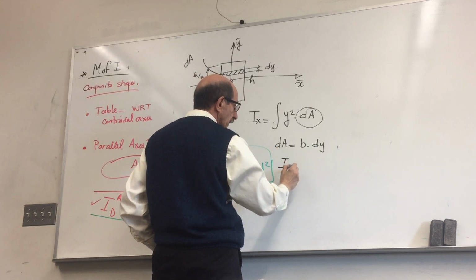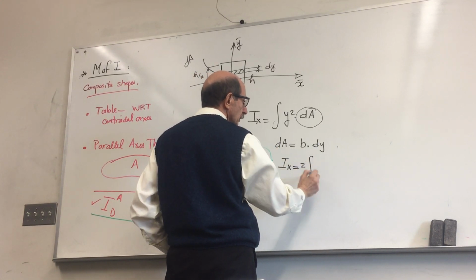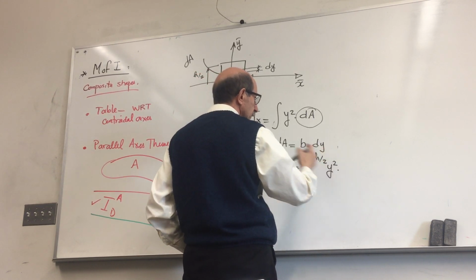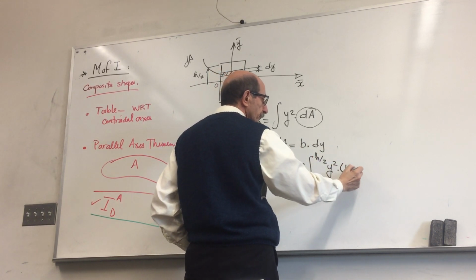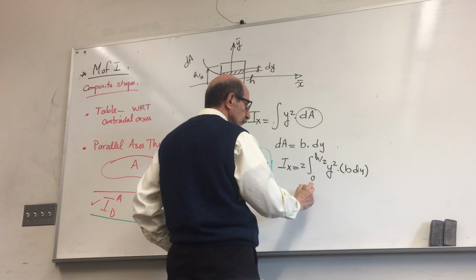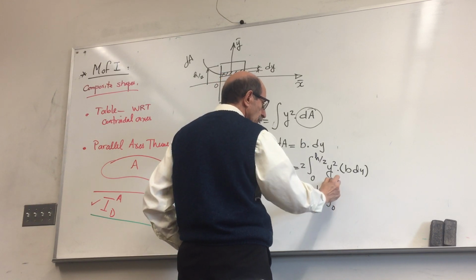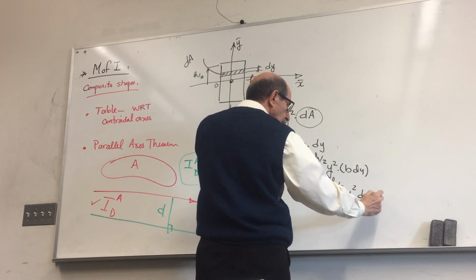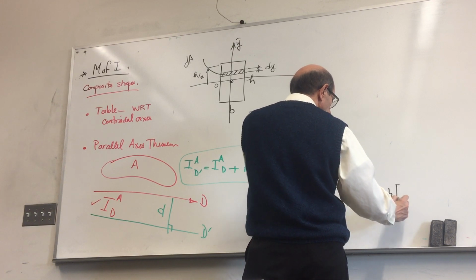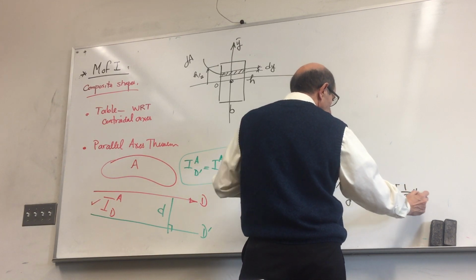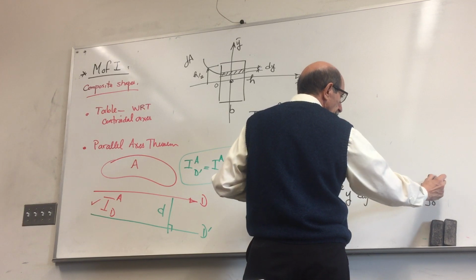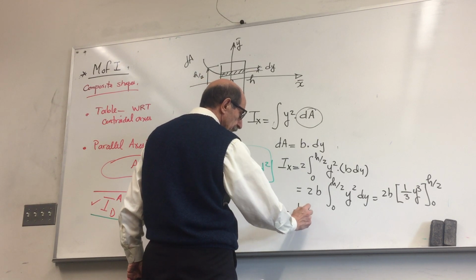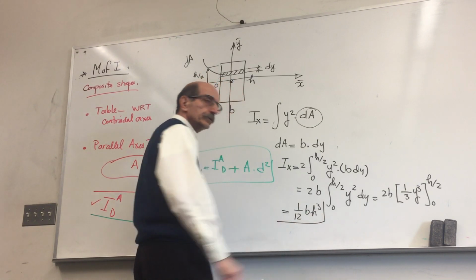Or in other words, I write Ix is 2 times the integral from 0 to h over 2 of y squared times dA, which is b dy, or 2b times the integral from 0 to h over 2 of y squared dy, or 2b times 1/3 y cubed from 0 to h over 2. If you simplify this, you will see that you get 1/12 b h cubed.